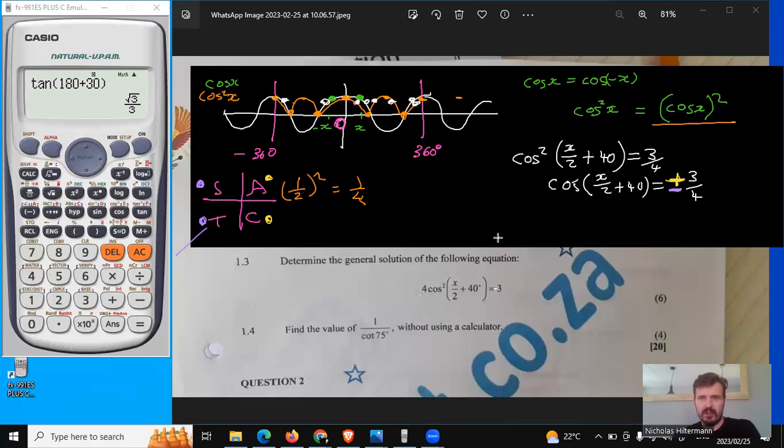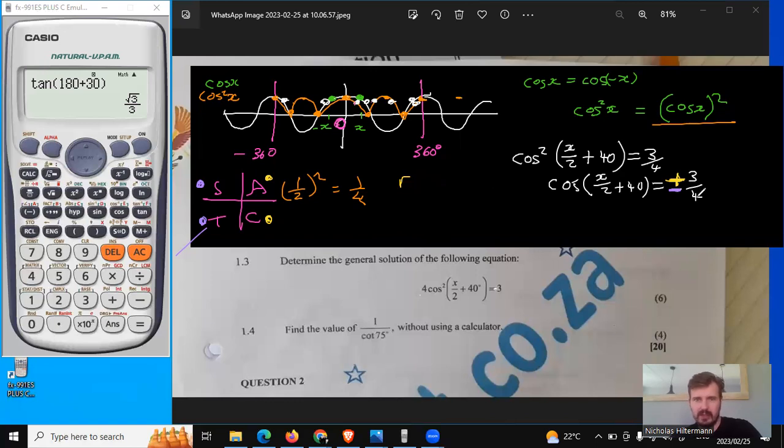So the first one is in the first quadrant, which is yellow. We're going to find our reference angle first. A reference angle tells us what the value is, and the sign tells you the quadrant. How do I get the reference angle?